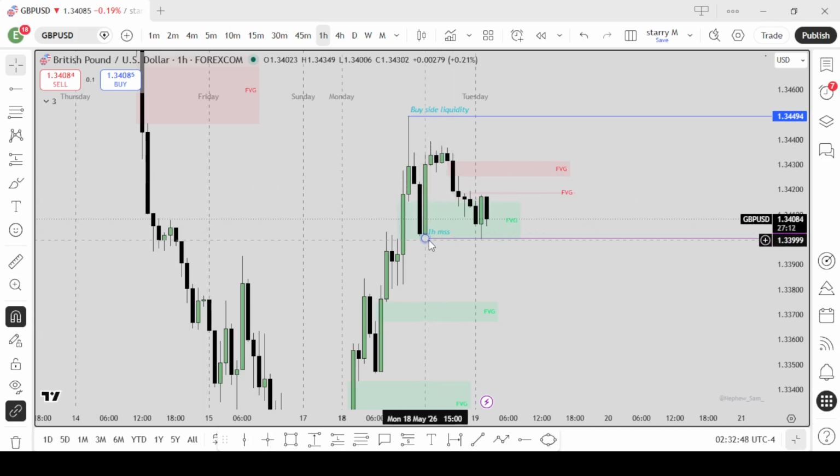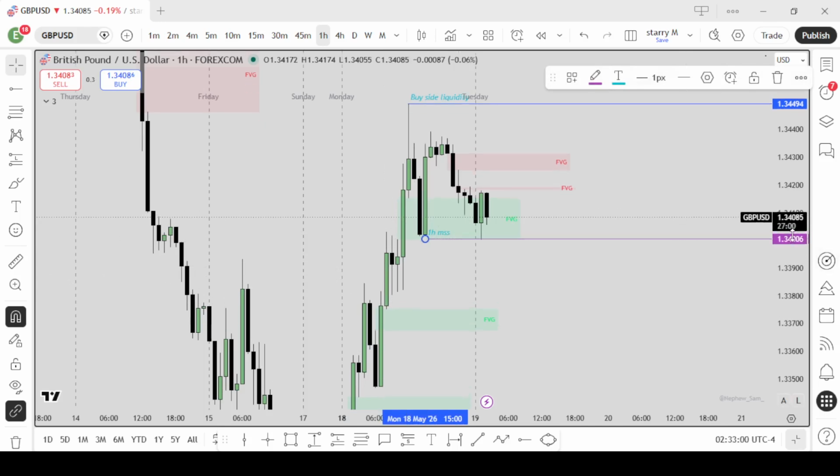But this low is currently a protected low. If price shifts, we are currently bullish on the GU because we are on a pullback in a higher bearish trend.